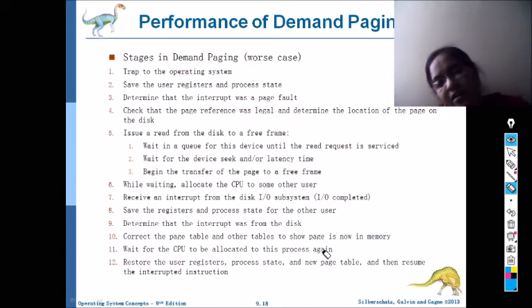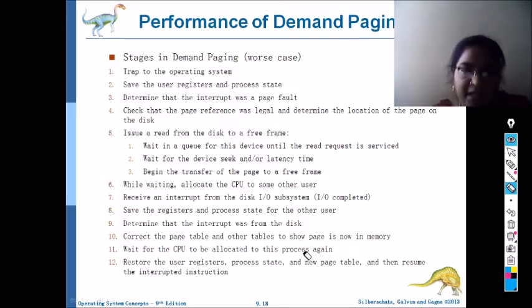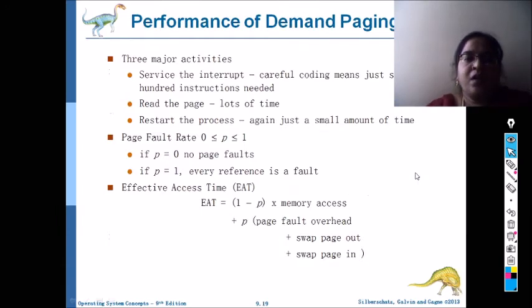After the page table is updated, it has to restart its instruction, after getting the chance to run, for the process where the page fault occurred. Then you restore the user registers, process state and new page table, and resume the interrupted instruction by restarting it. Now here you can see how the performance of demand paging can be evaluated.